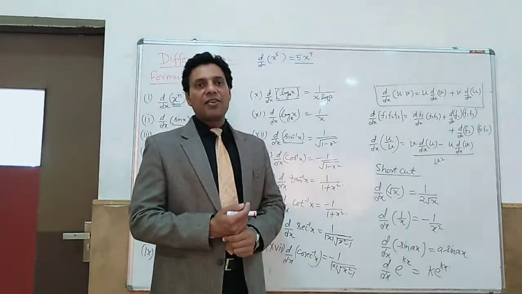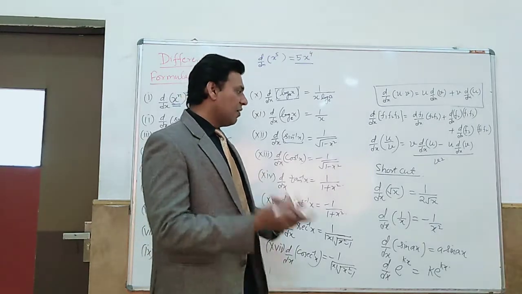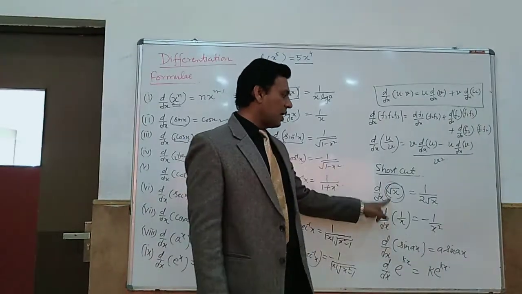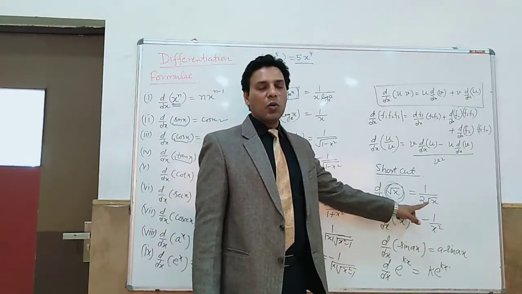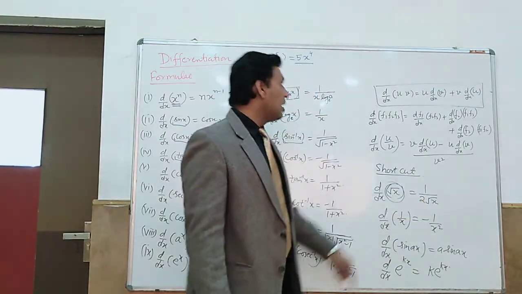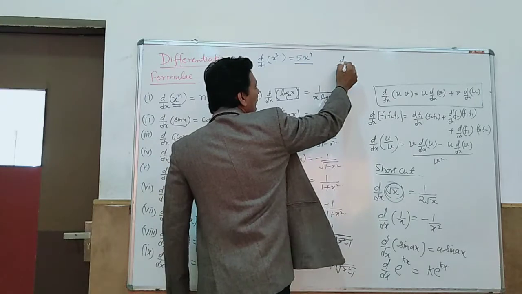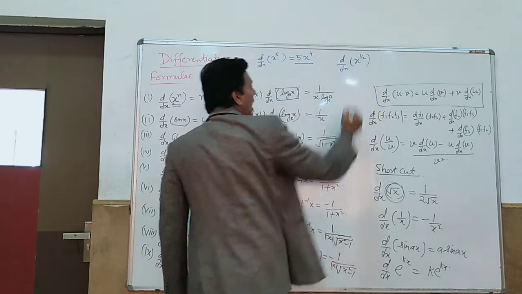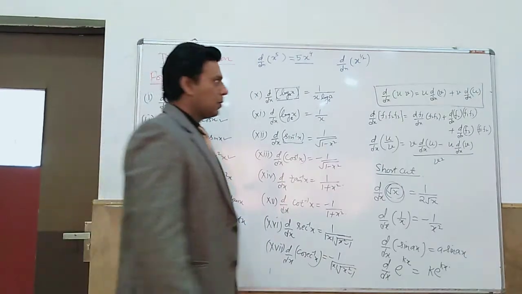Now, in the running way, for most questions we will use a shortcut method, that is the differentiation of under root x will be 1 upon 2 under root x, and it can be proved. Suppose we have to find the differentiation of under root x, which means x to the power 1 by 2.